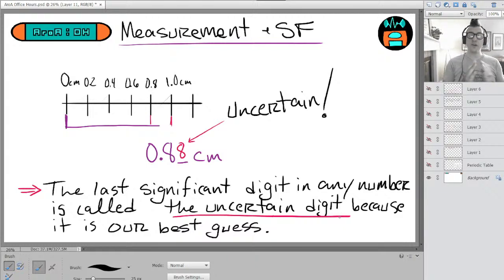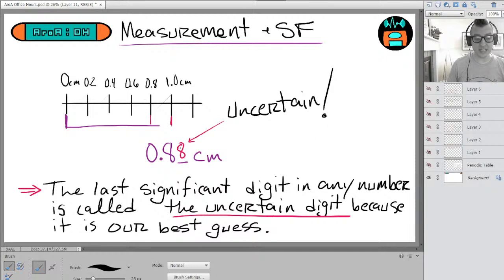All right. Now, if we use a more precise instrument, we can get a more precise reading. So if you used a ruler that had more markings in between, you could get a more exact thing. But guess what? It would still fall in between a couple markings, and you'd still have to guess at that last digit.